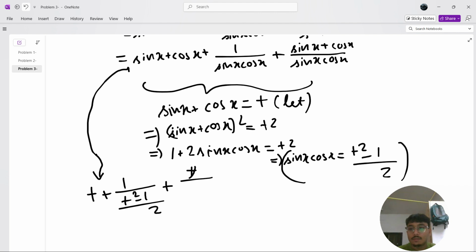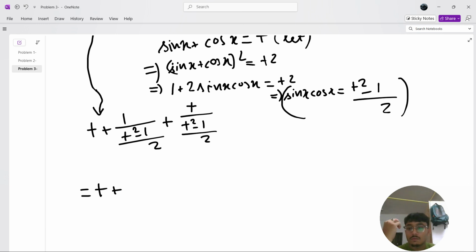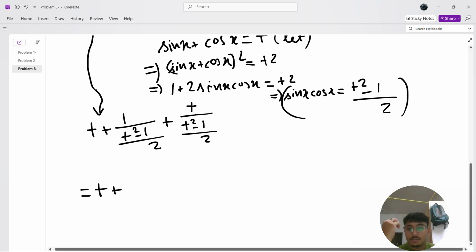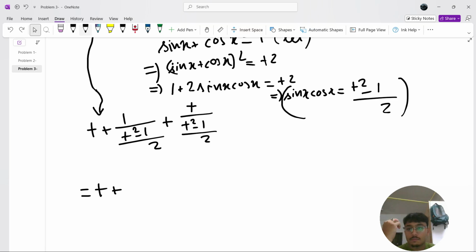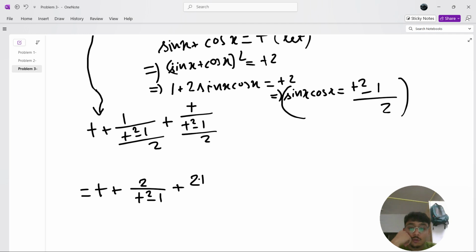Now if you simplify this, it is an expression in t, a polynomial in t. So t plus, I will take my 2 in the numerator: 2 by t square minus 1 plus 2t by t square minus 1.